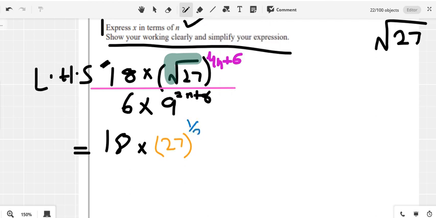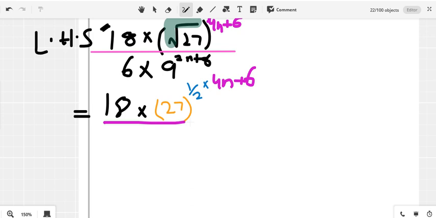And you're going to multiply it by, what's the power in the question? 4n plus 6, over 6. We can break the 6 into 3. So 3 times, no, 6, we cannot break the 6 into 3 because 3 times 2 is 6.